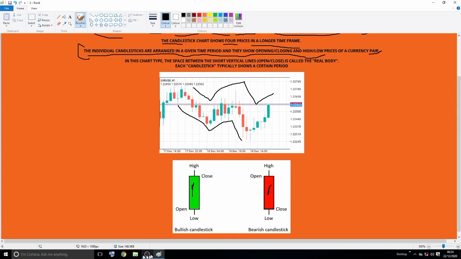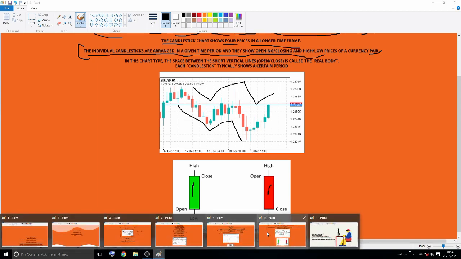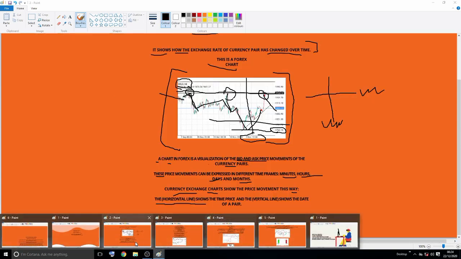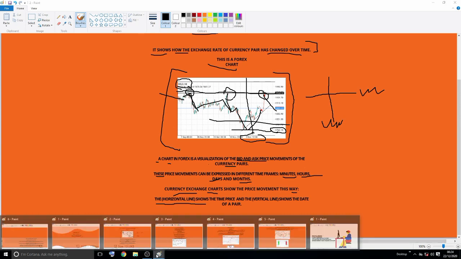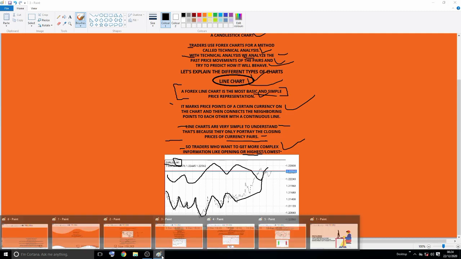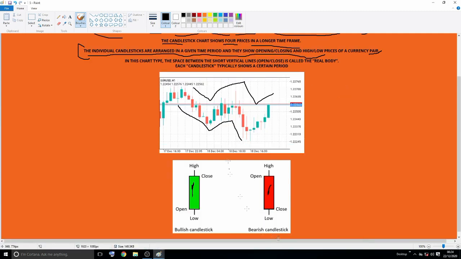You saw on the bar chart, we have a chart that is made of bars, and on a line chart, we have a chart that is made of a line. So if a line chart is made of a line, a bar chart has bars.